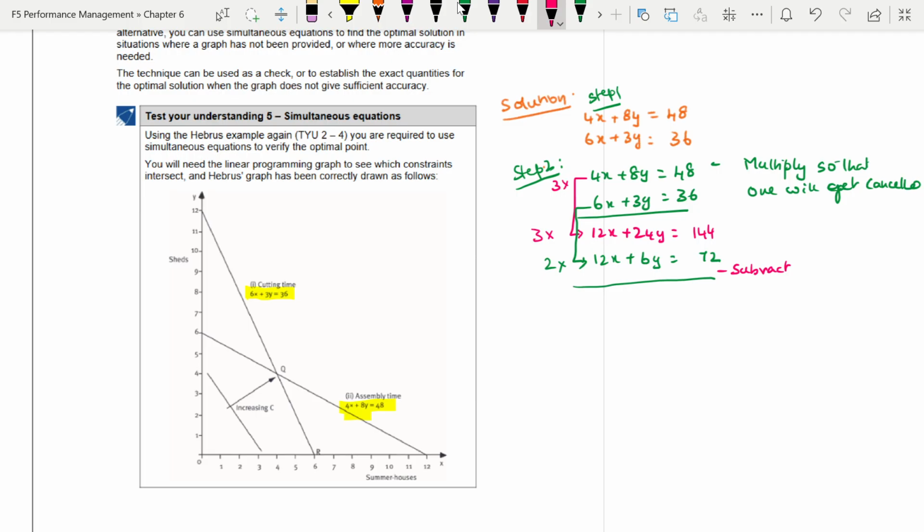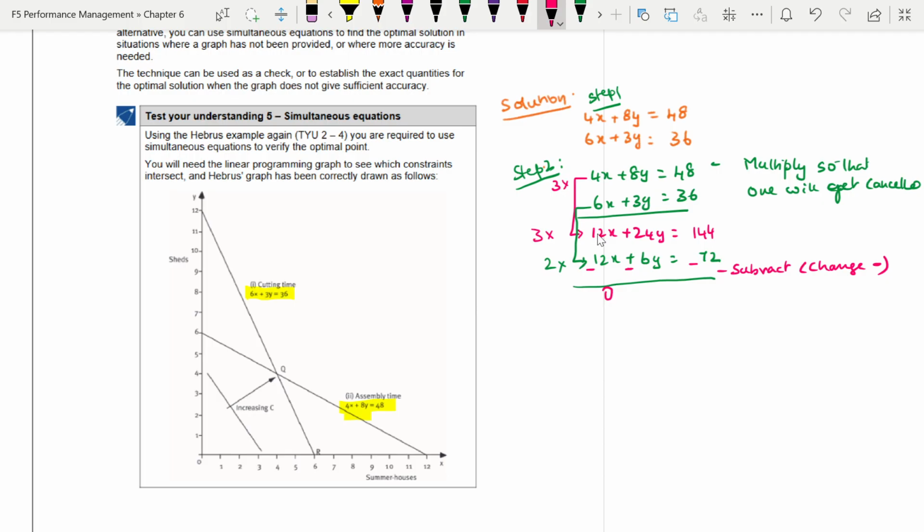Subtract means you change the sign. This will become minus. 12x minus 12x becomes 0.